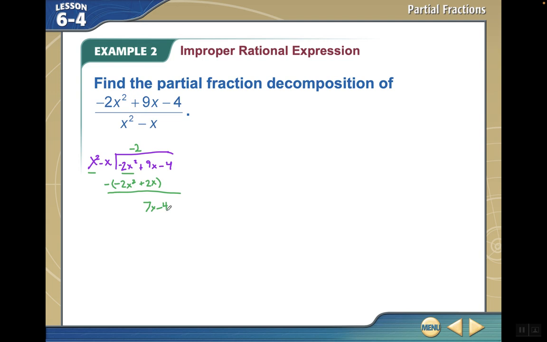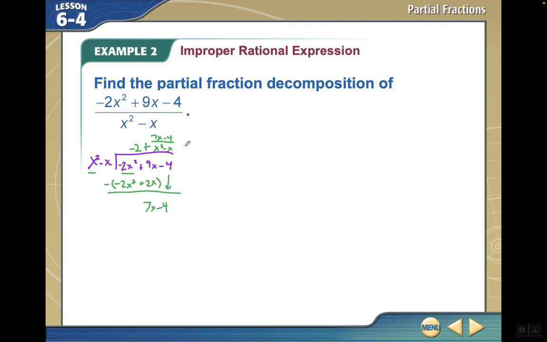And then I'll bring down that negative 4. So now I have x squared minus x, which cannot go into just a 7x. So we're done. This is the remainder, and I'm going to write the remainder as plus 7x minus 4 over x squared minus x.